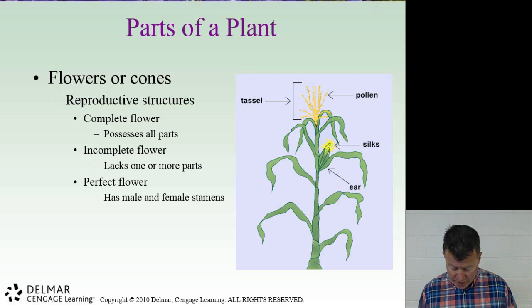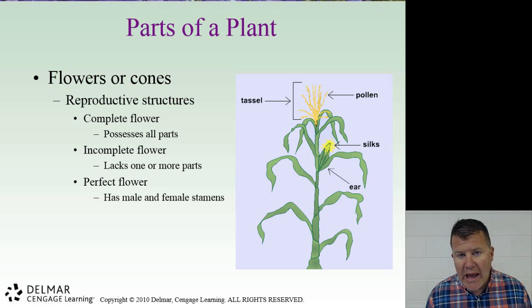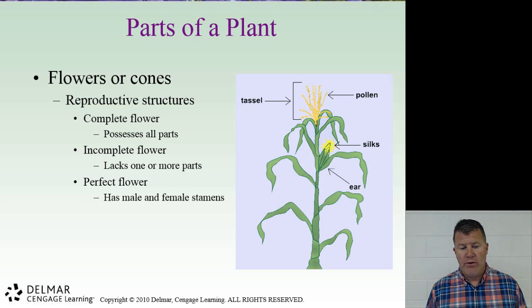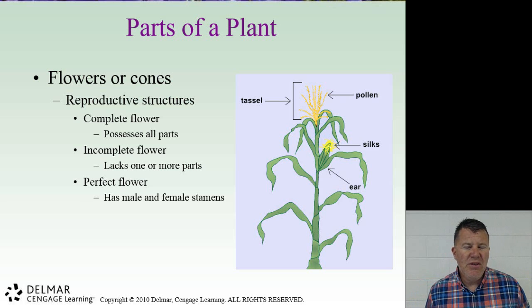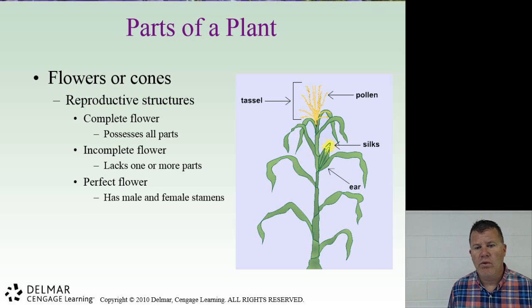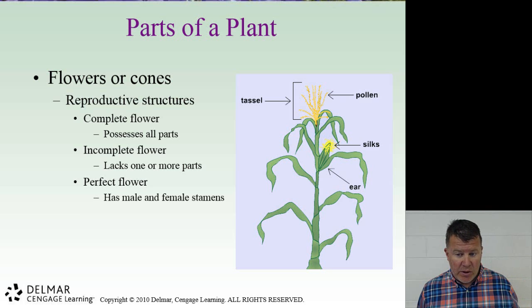Possesses all the parts. It has sepals, petals, stamens, and pistils. Incomplete is going to lack one or more of those parts. And then a perfect flower has the male and female stamens. And guys, please pay attention to those few pages there talking about the complete flower and incomplete flower.